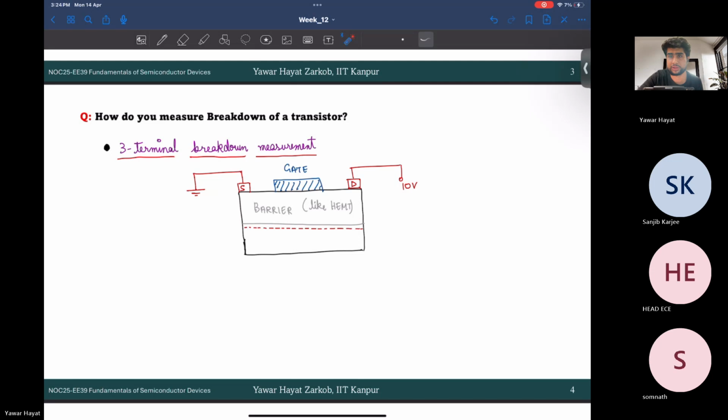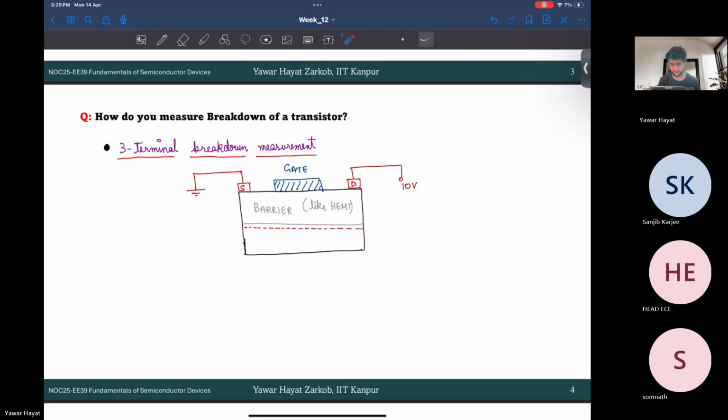So far I'm audible, right? So as you said, when we apply a negative gate voltage, it pinches off the channel, right? And when it pinches off the channel, the charge that is below the gate is depleted.